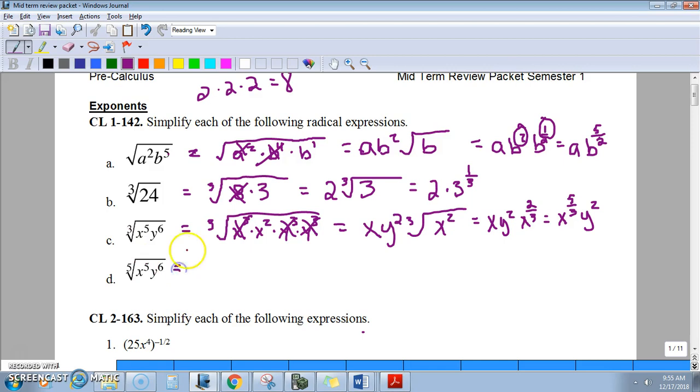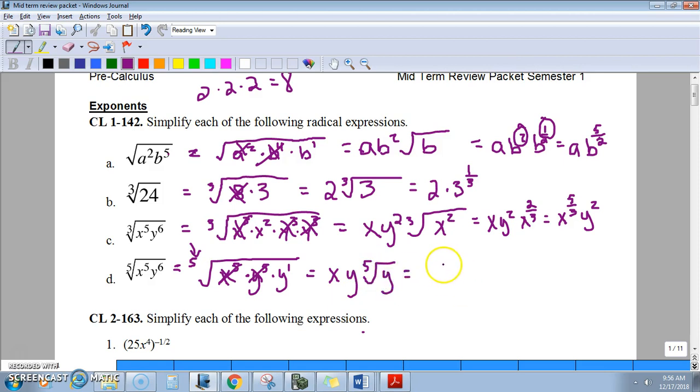Alright, hopefully you can see where I'm going with this. The next one is a 5th root. I'm going to keep x to the 5th because that'll cancel out. And I'm going to change y to be y to the 5th times y to the 1st power, which would be y to the 6th power. Then I can take out an x and a y because it's the 5th root. So I'm going to have xy times the 5th root of y.